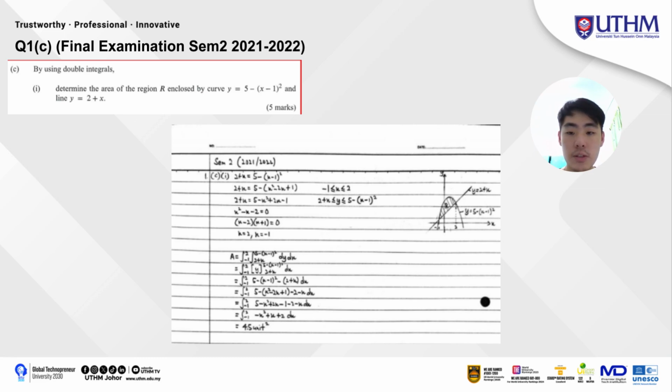For this question, we need to use a double integral to determine the area of the region enclosed by the two lines. Firstly, we find the intersecting points of the two lines.